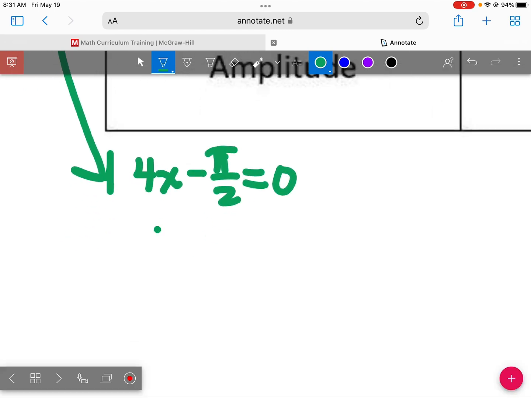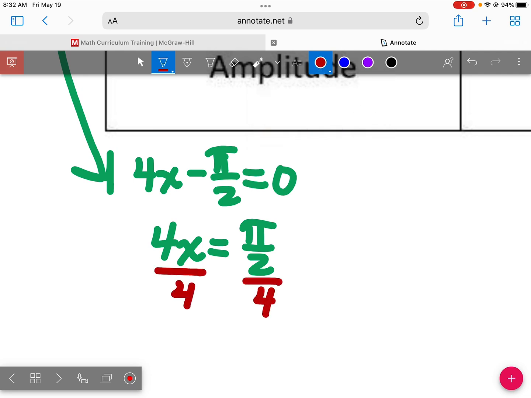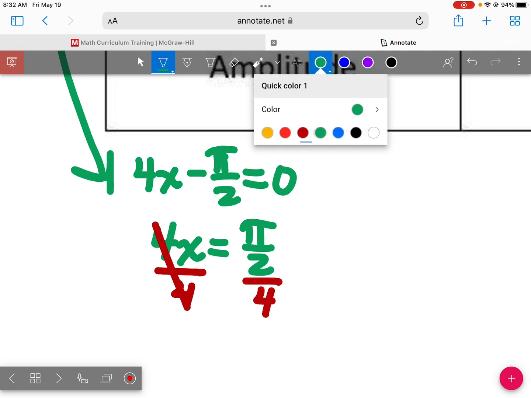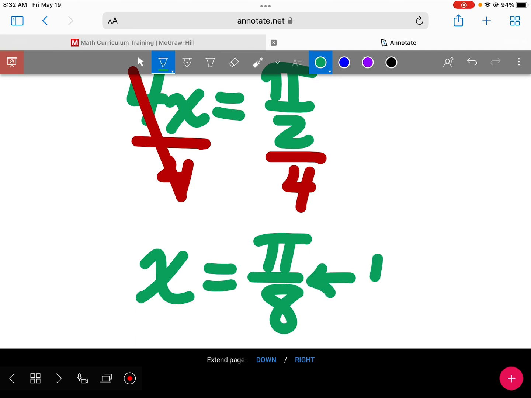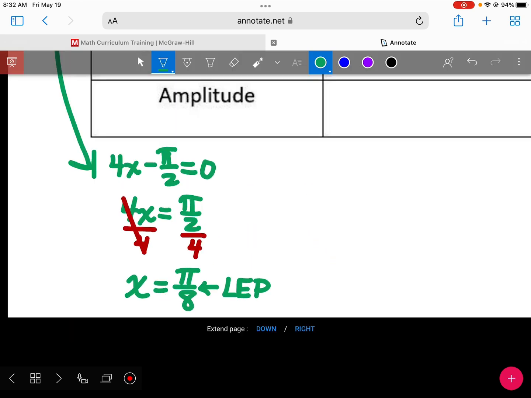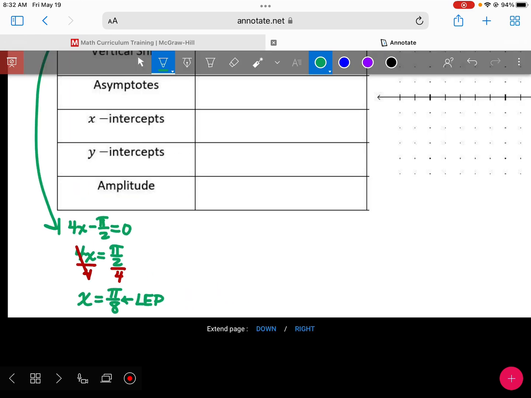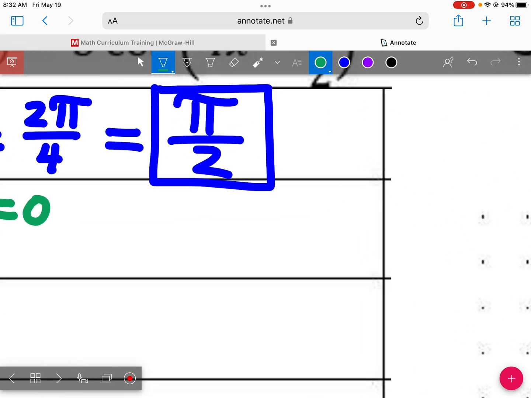So I add pi over 2 to both sides. And then I'm going to divide both sides by 4. Pi over 2 divided by 4 is pi over 8. There's my left endpoint. If the left endpoint is normally at 0, and now it's at pi over 8, which way did I go? Right, pi over 8.